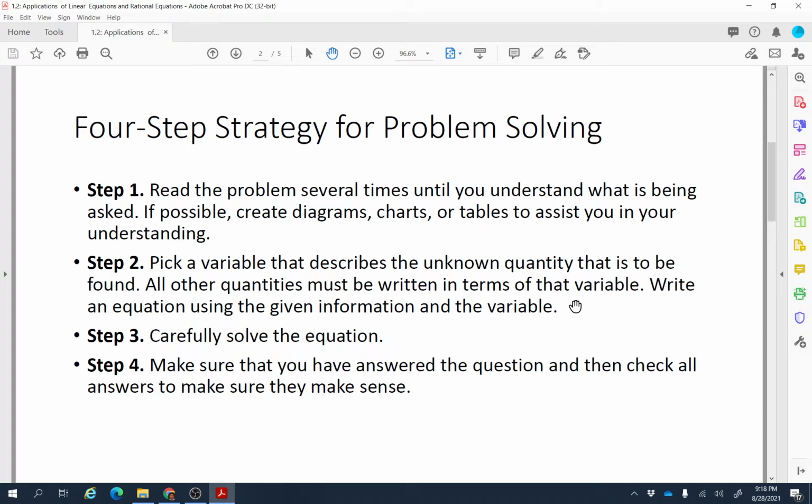First of all, read the problem several times until you understand. That's very important. If you don't understand the question, then finding the right answer is very difficult. And whenever you try to solve a word problem, if there is something unknown, you have to pick a variable for that unknown.